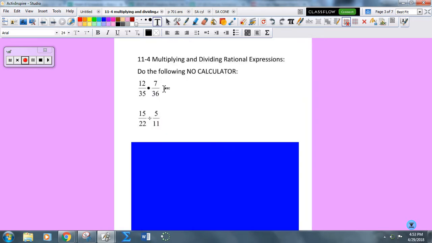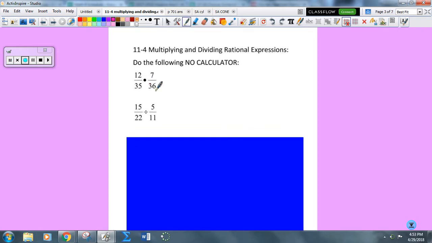Next, I want you to do these problems without using your calculator. I am going to do them as well. So the first thing I would do is I notice that 7 is a factor of 35. So I can write 35 as 5 times 7.